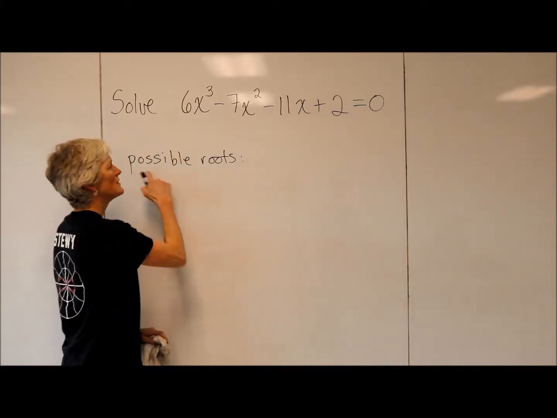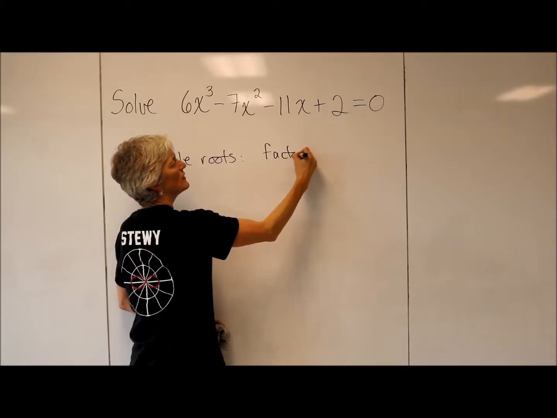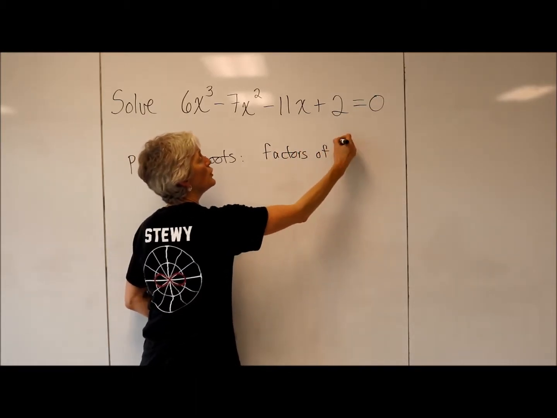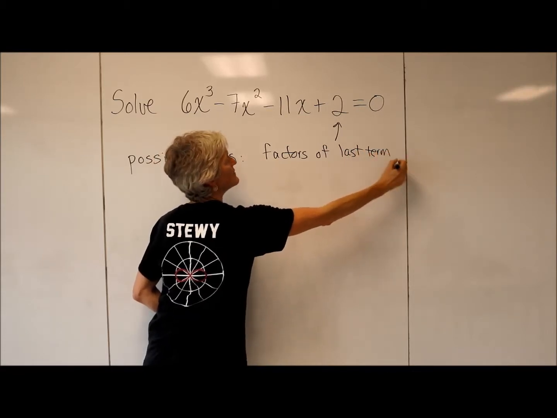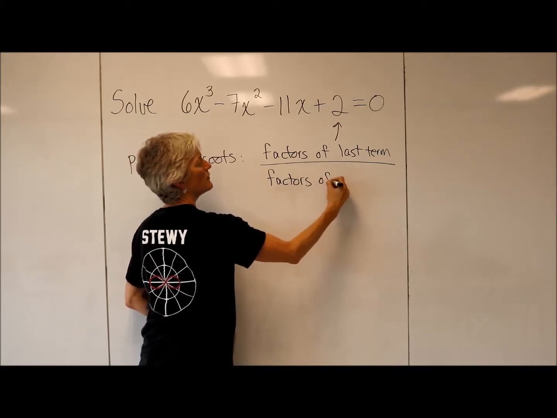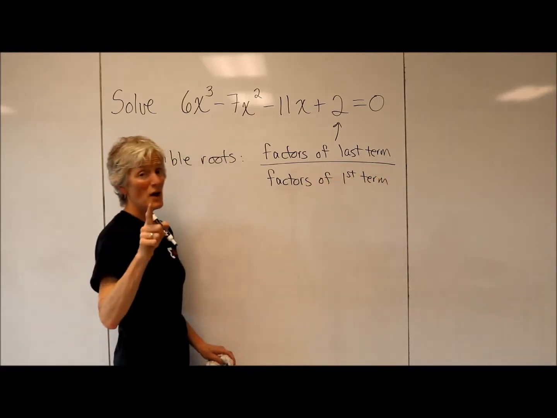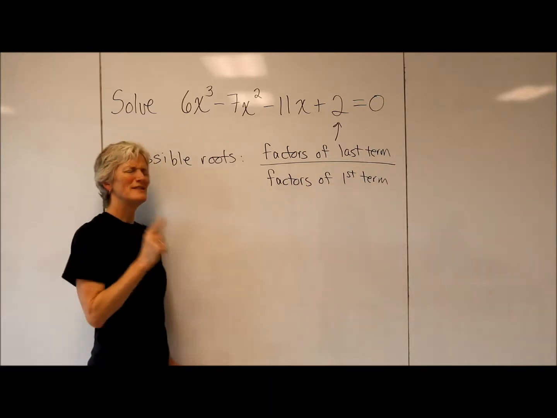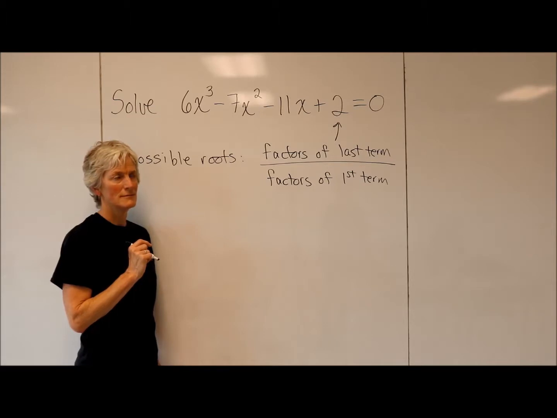The way to find possible roots is to take the factors of your last term and divide it by the factors of the first term. So, you folks back home, pause this video and see why that makes sense. And I think you'll see it does.